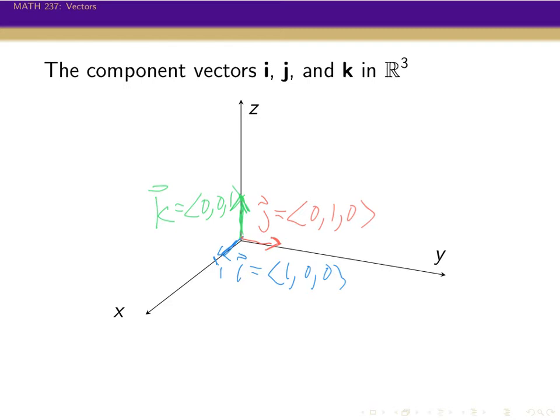And j is saying just go in the y direction, 1 spot. As long as you have at least 2 dimensions, it makes sense to talk about going in the y direction, 1 spot. And k you'd only use if they were using at least 3 dimensions. So really you know which one you're talking about just based on the context of how many dimensions you're working in.